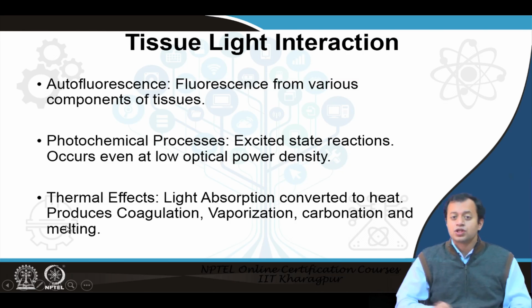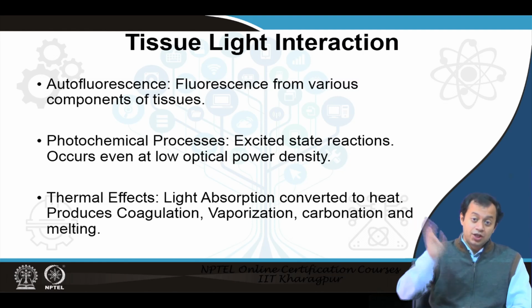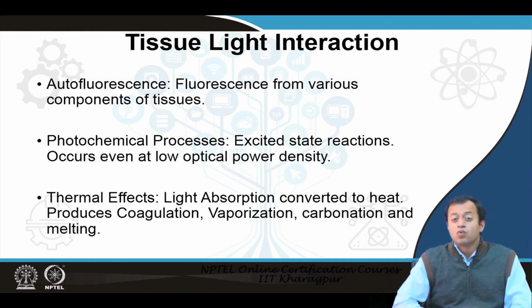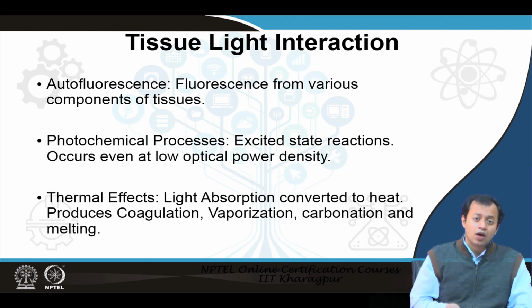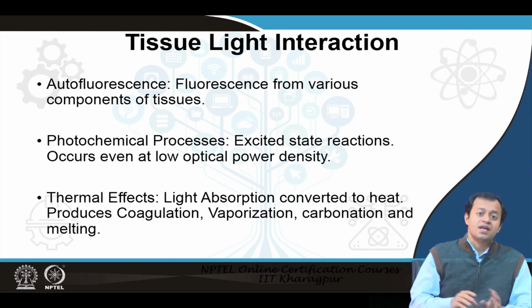The melting process is quite important as well. We will be discussing melting in the tissue engineering part. Melting is where the temperature, because of the presence of light in the tissue, goes above the melting point of several different molecules.